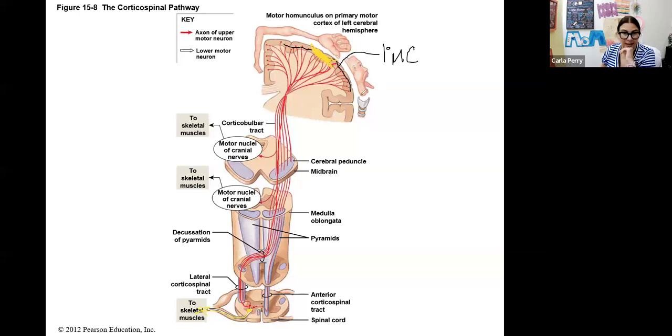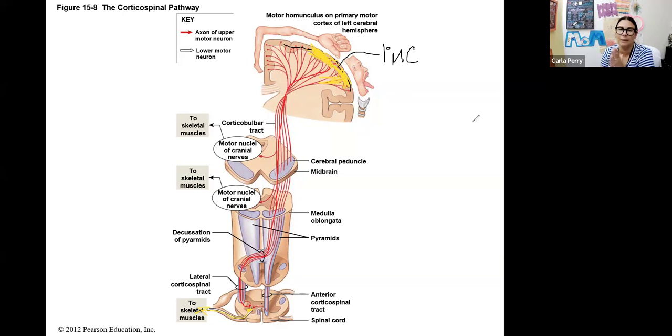If you're talking, then this area of the primary motor cortex would be firing. These upper motor neurons would be firing because you're talking. Now, I talk with my hands. So I talk, my face is moving, the muscles in my face are moving, my hands are moving. So I'm lighting up this entire area of the cortex because both things are going on, right? So again, I just think it's very cool that it's mapped. Only specific areas of our cortex will be firing for certain activities, for certain muscle activities.